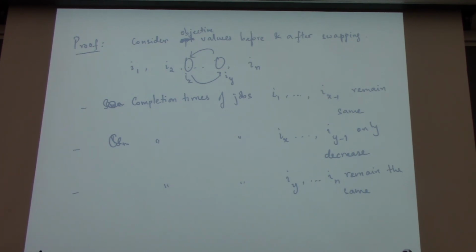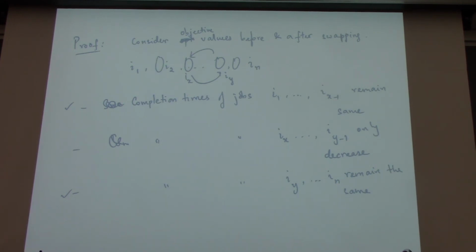Two of these are trivial, because they follow from the definition of completion time. The order is basically the same, just two of the things got reversed. So anyone after this will have exactly the same completion time as before, and the same is true for anyone before this.